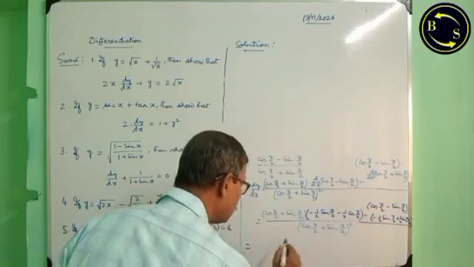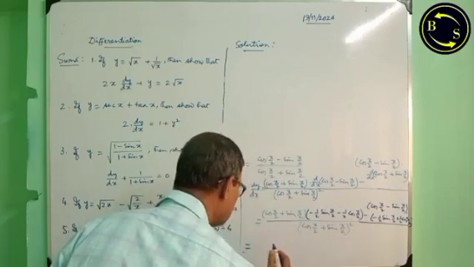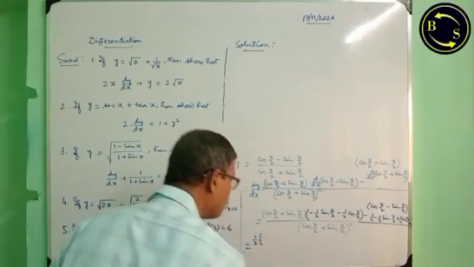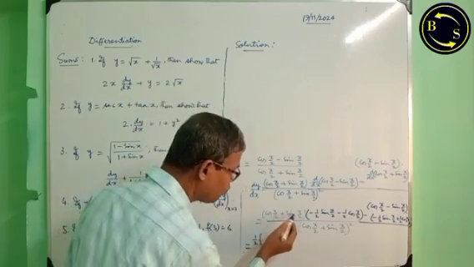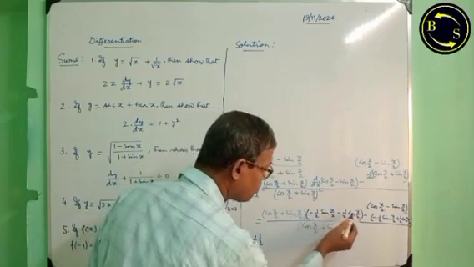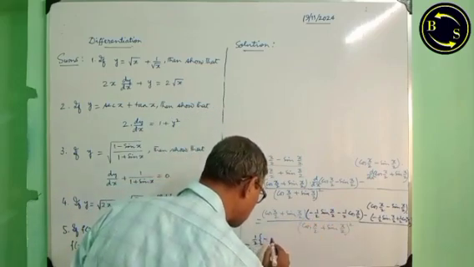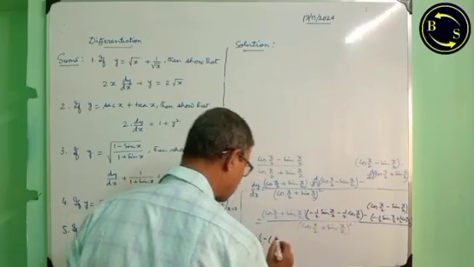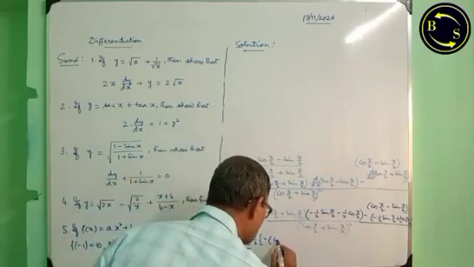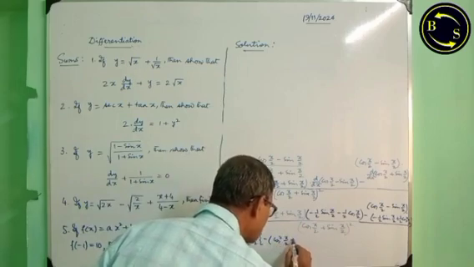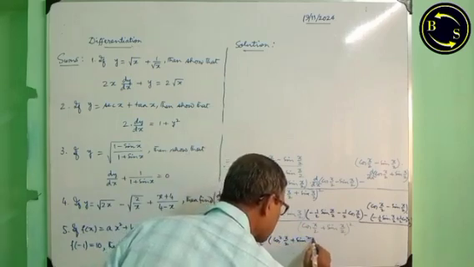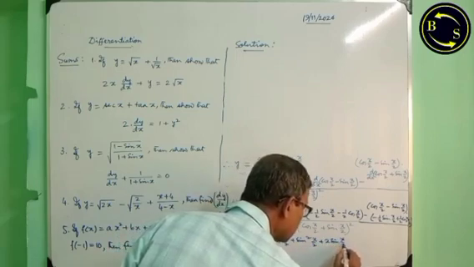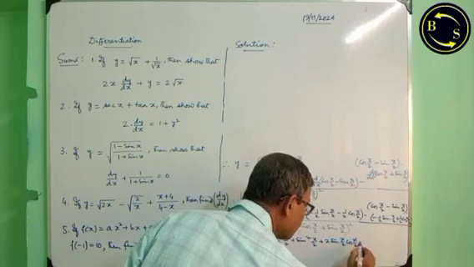We take that outside first, then half, we put second brackets, cos x by 2 plus sin x by 2. Here minus half is common, therefore after taking minus outside, it will be cos x by 2 plus sin x by 2 whole square. That means cos square x by 2 plus sin square x by 2 plus 2 sin x by 2 cos x by 2.